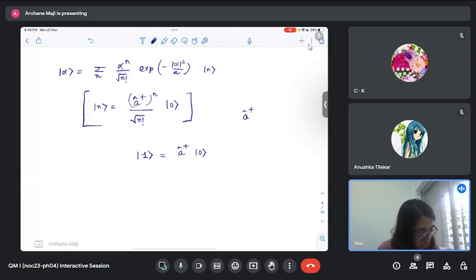So a dagger on n ket should be equal to some coefficient times n plus 1, because these are creation operators, so they take us to the n plus 1 state from the n particle state. And I am telling you how we determine that constant Cn.